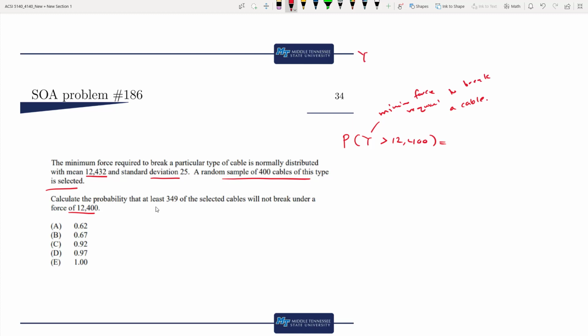So Y is normally distributed with mean 12,432 and sigma equal 25. So this one I can calculate as the probability Y more than 12,400. By the way, when you are doing this kind of problem in an exam setting, you have to standardize this. So that gives you the probability of Z more than (y minus mu) over sigma.